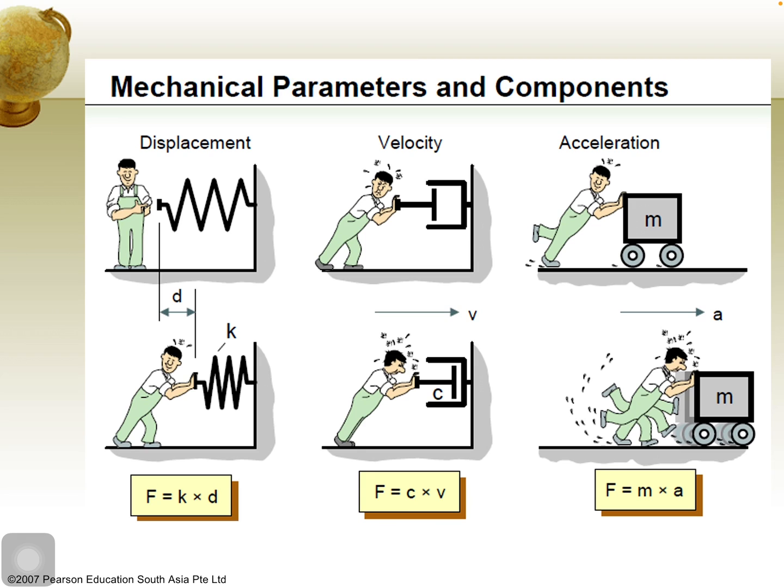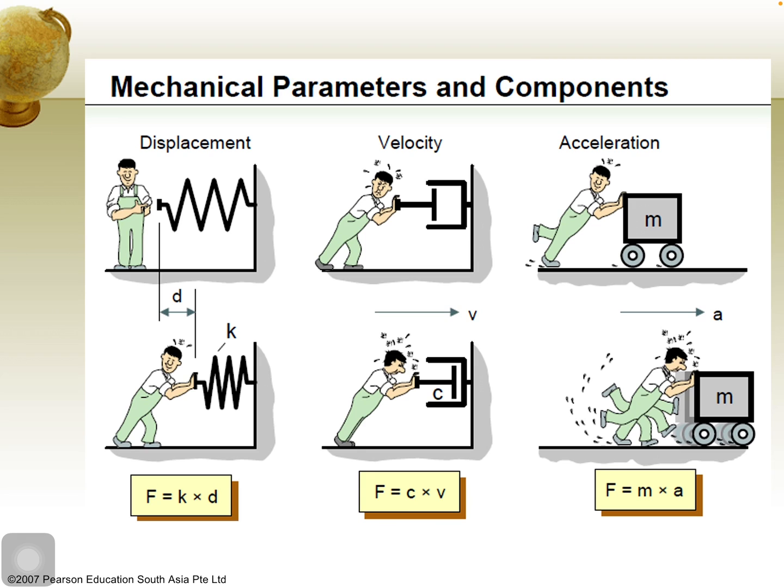It's like when we push a trolley. When the velocity is constant, we feel that it is very easy to push it, because actually there is no force created except the force we exert to overcome the friction force.